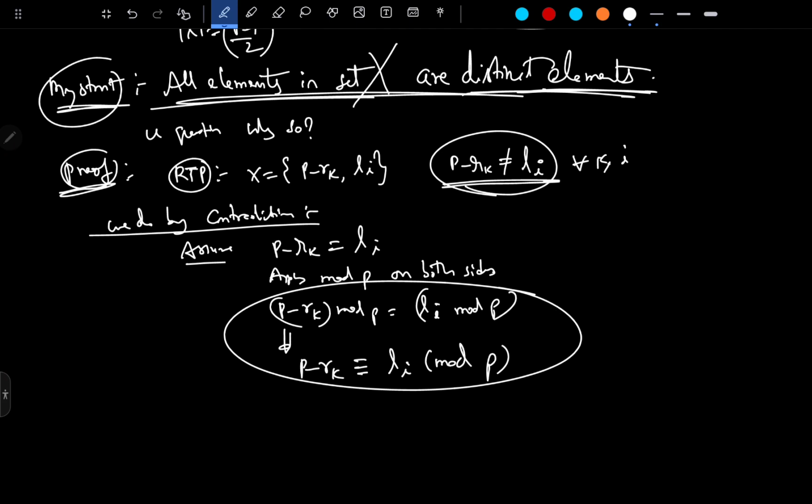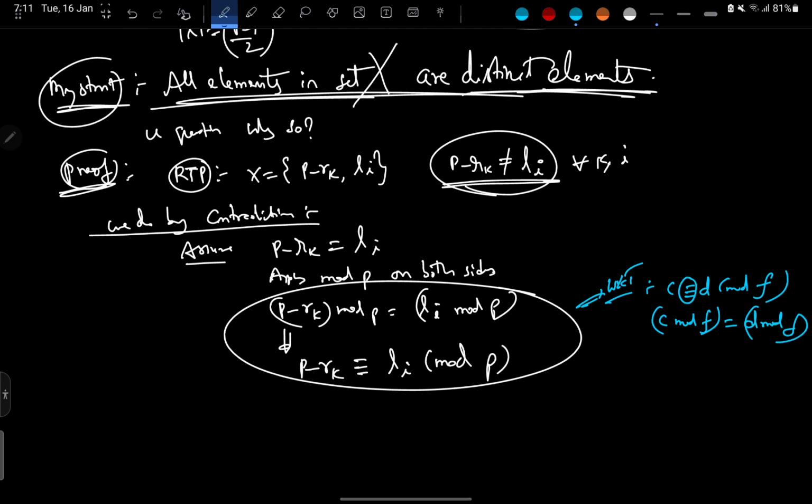I already told you that when C is congruent to d mod f, then I can say that C mod f equals d mod f. Remember that this is a congruence, and this is a normal equals to.